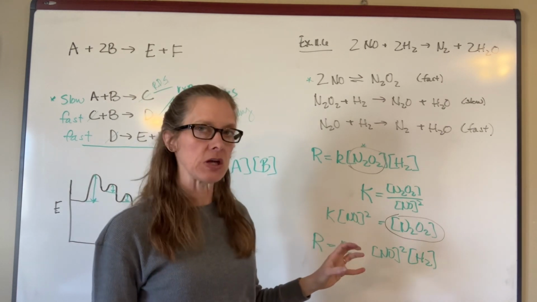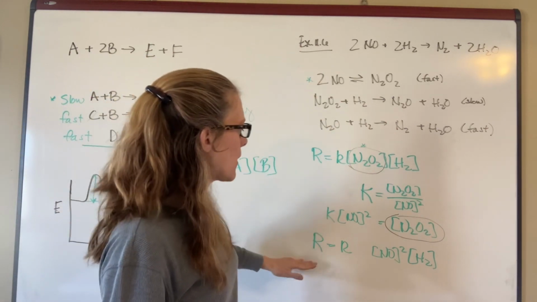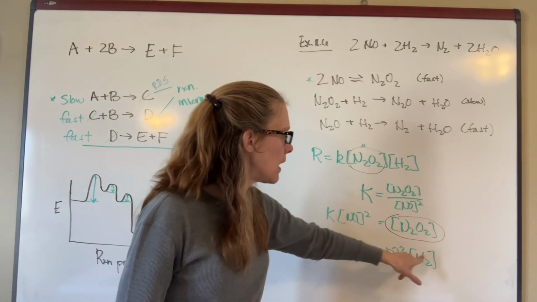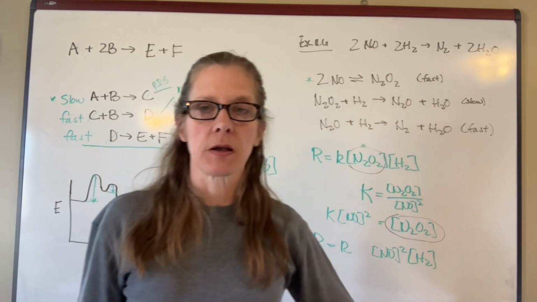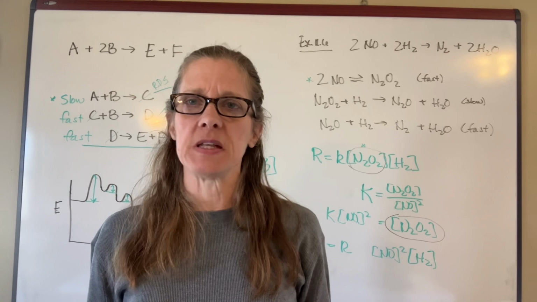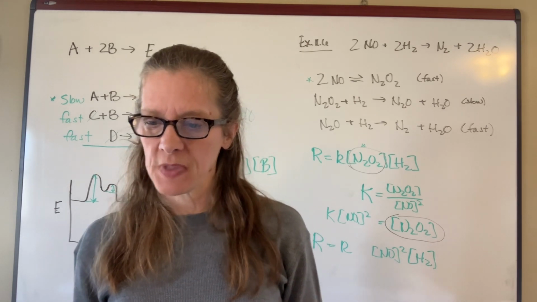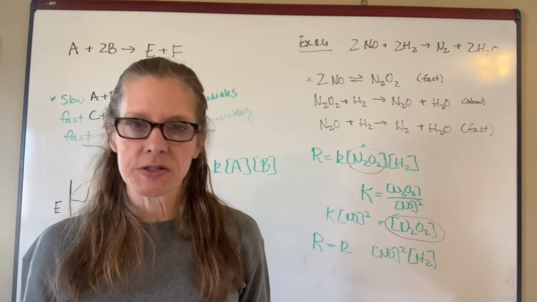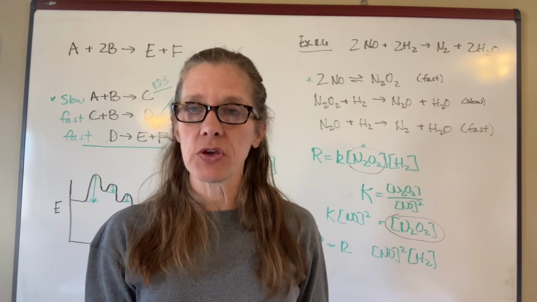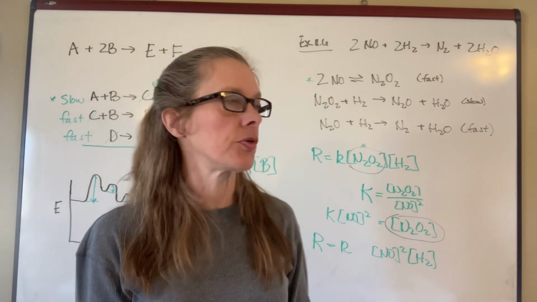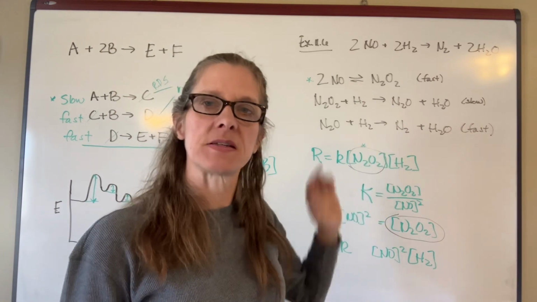So be careful that you don't just automatically assume that a reaction that has a rate law that matches its stoichiometric coefficients necessarily means it's elementary. It could, but it doesn't have to, okay? So you're going to get some practice now doing a lot of manipulation with these rate laws and with the reaction mechanism, figuring out how to figure out what that is based on the slow step.